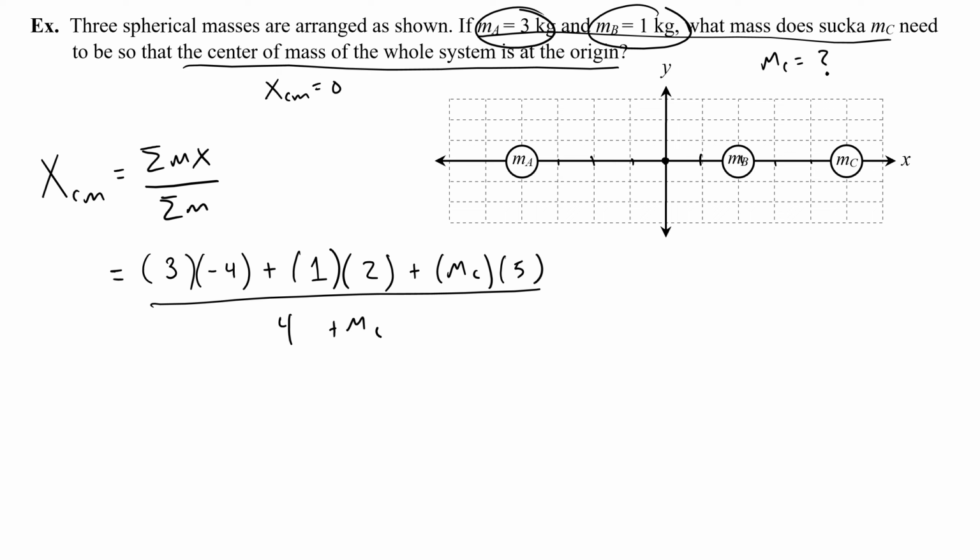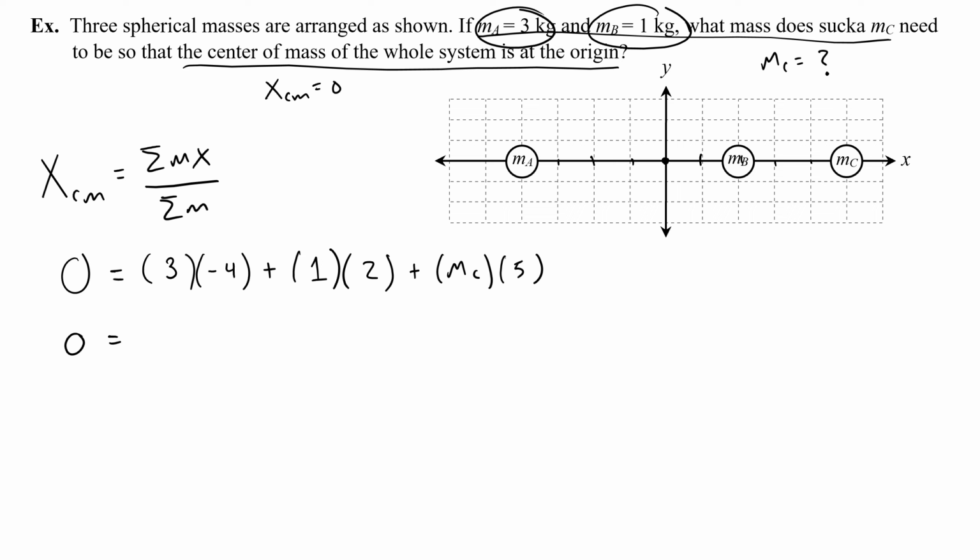And so if I set this whole equation equal to 0, then I don't really care about this bottom term because I can multiply both sides by that whole thing and it will disappear into 0. So that's what I'm going to do here with the magic of an eraser. Bam, it's gone. Okay. So now I have an equation where all I'm trying to do is simplify to find M_C. So let's do that.